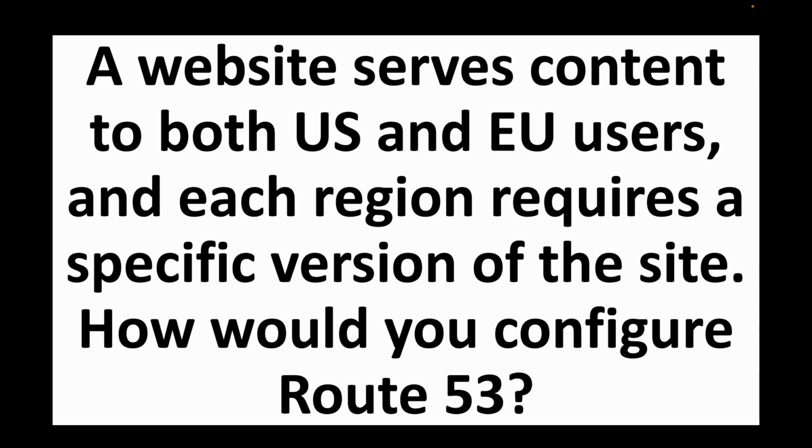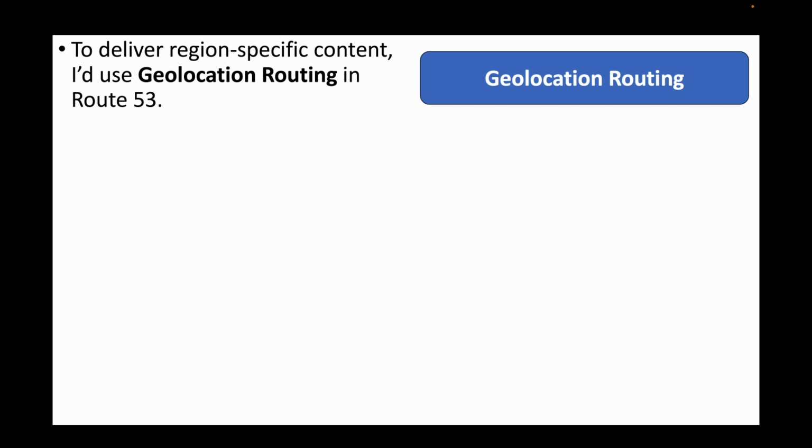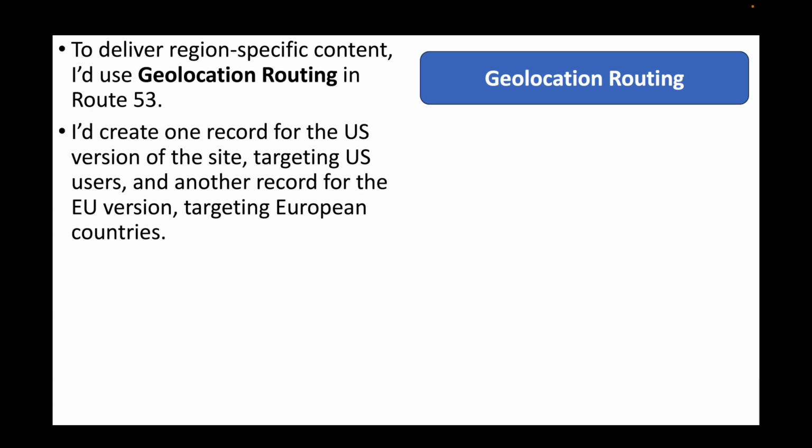The next question we have is: a website serves content to both US and EU users, and each region requires a specific version of the site. How would you configure Route 53 for this? So again, when we are talking about region-specific content, we can make use of geolocation routing in Route 53.